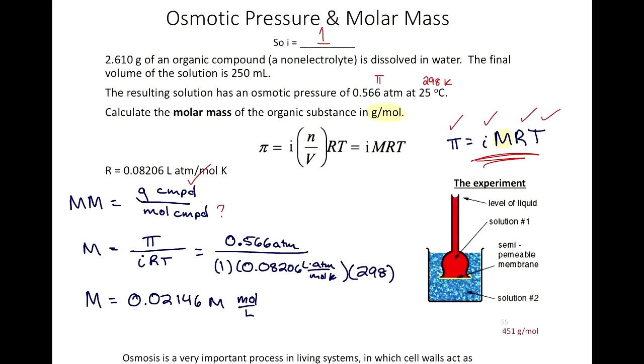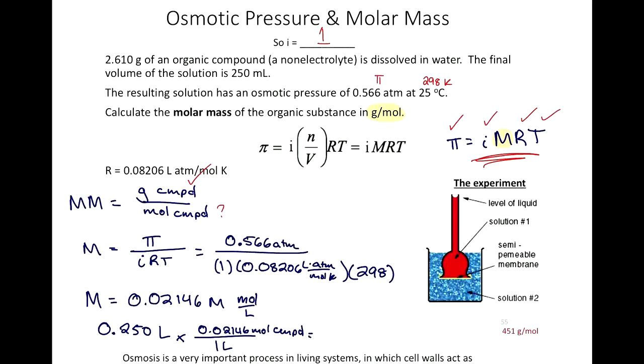So we have to do one more step and use the volume that's actually present to calculate how many moles of this compound we actually have dissolved. I'm going to take the 0.250 liters that's given, the last piece of information I didn't give you, and then utilize molarity. For every 1 liter, there are 0.02146 moles of this compound present.